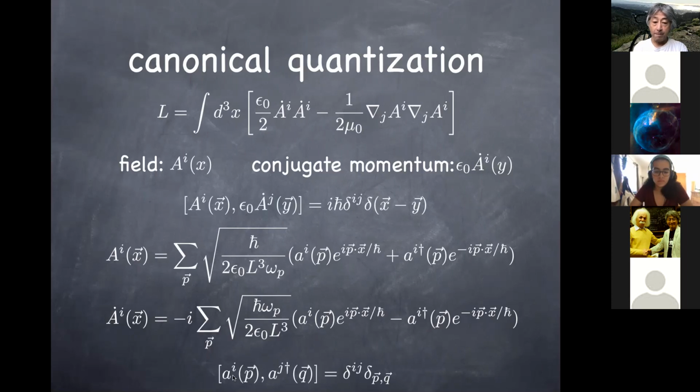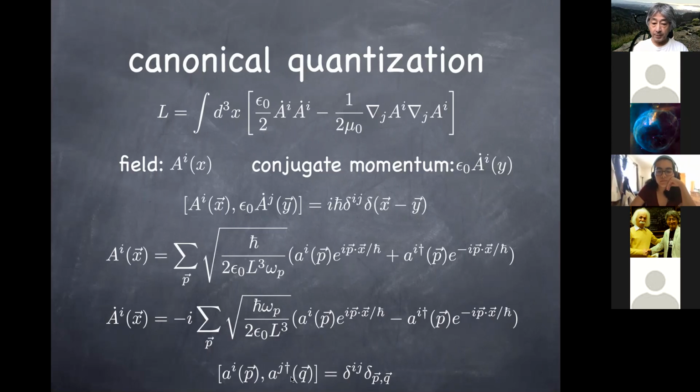Namely, I have three components for A. I goes from 1 to 3, or X, Y, and Z. And for each component the commutator of a and a dagger is basically 1. And we chose this box normalization that the whole system is in a cube where each side is L. So within this box, the momenta are quantized in the unit of 2 pi h bar over L, as we have seen many times by now.